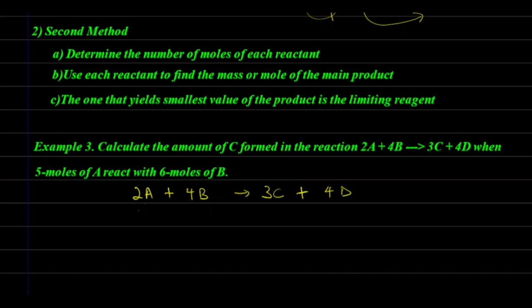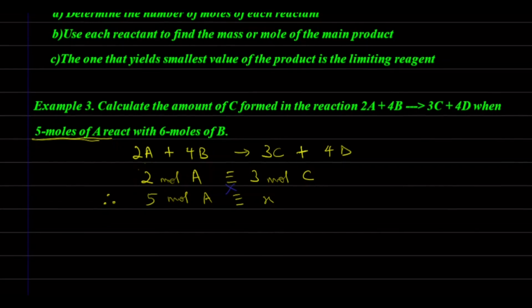Here, according to the balanced chemical reaction, 2 moles of A give us 3 moles of C. But in the question, we are given 5 moles of reactant A. Therefore, 5 moles of A will produce X, which we can simply cross multiply.